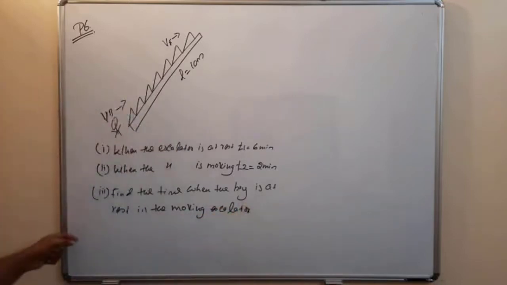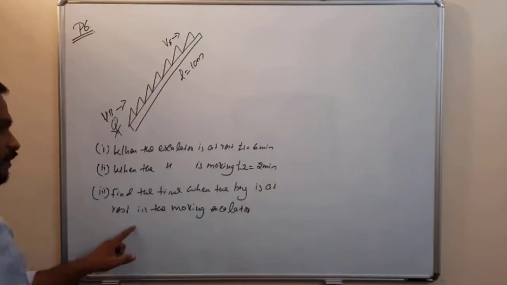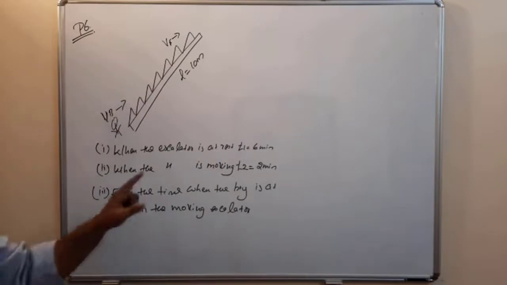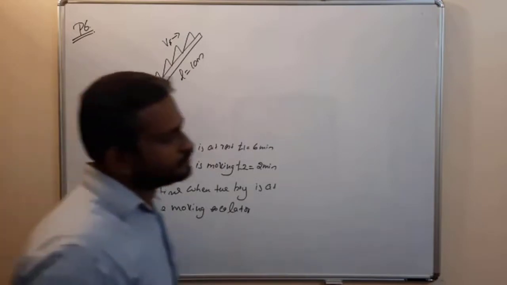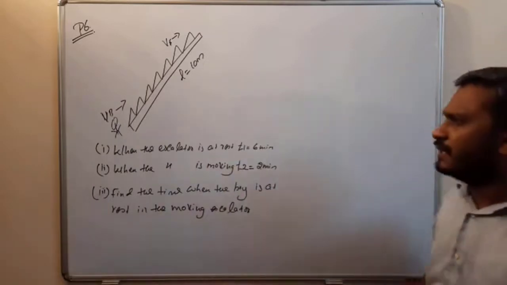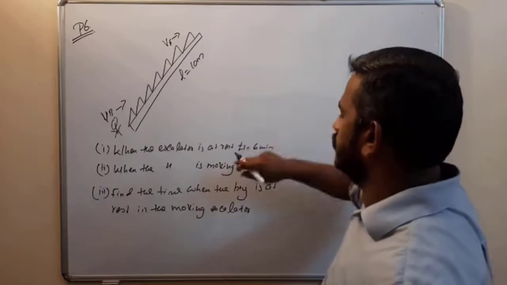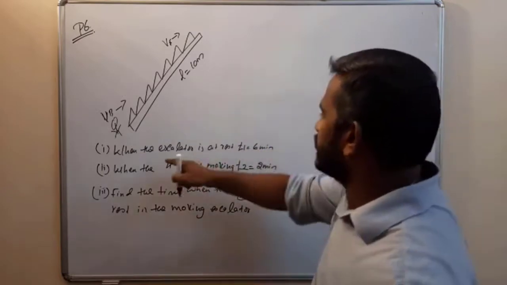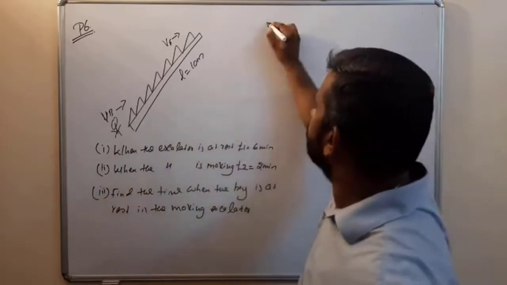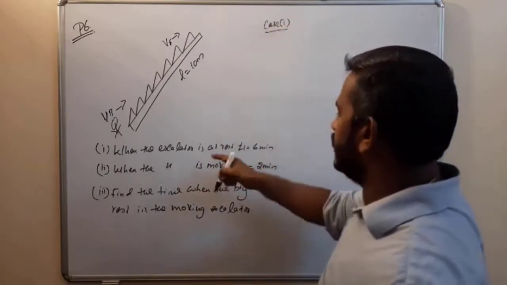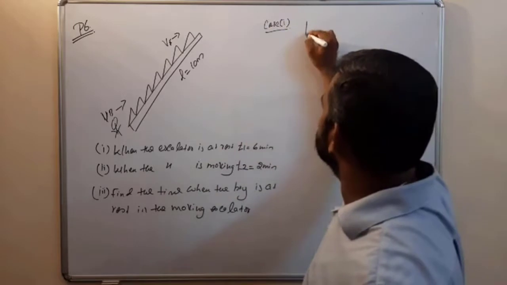Okay. So we have to find the time taken by the boy to reach the top of the moving escalator when he is at rest. Clear? So, case 1: when the escalator is at rest, T1 is equal to 6 minutes.